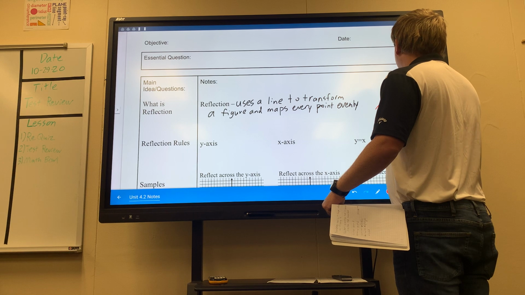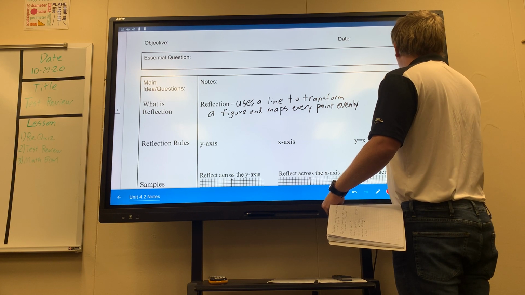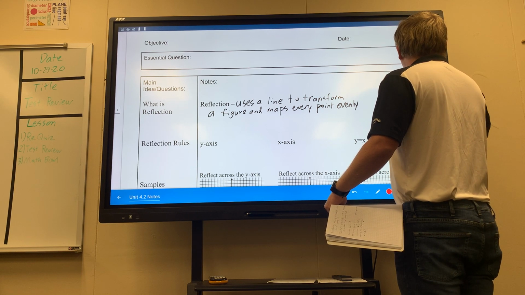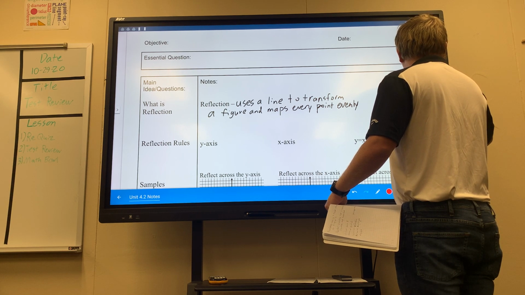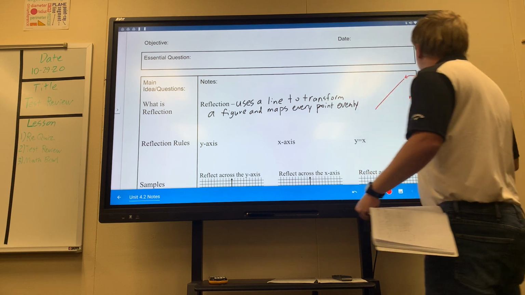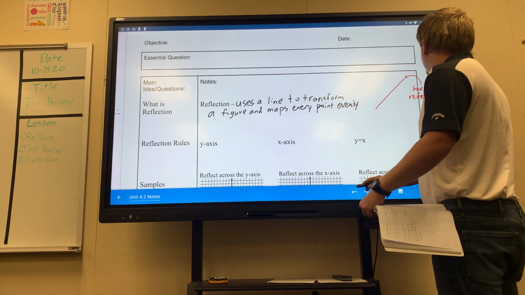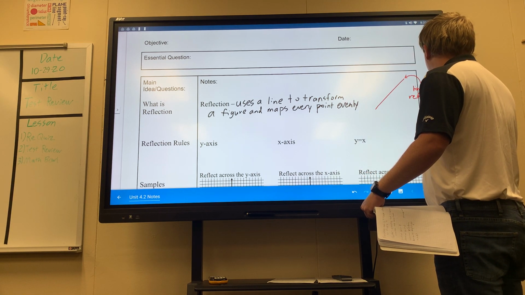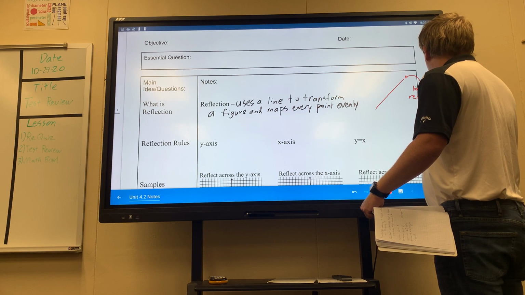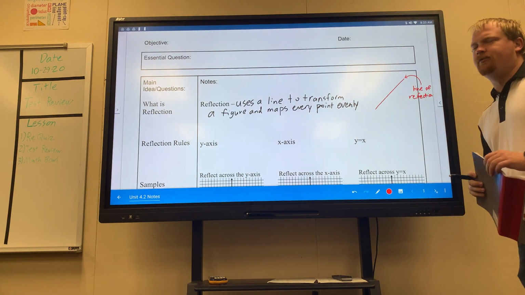So say I have a line, and this is called the line of reflection.